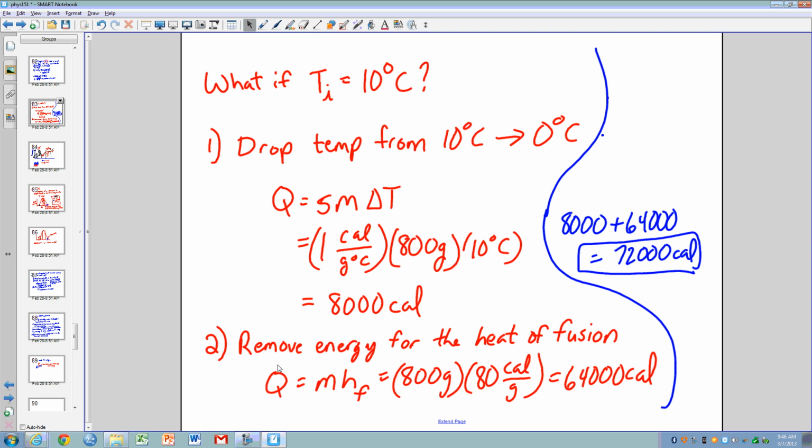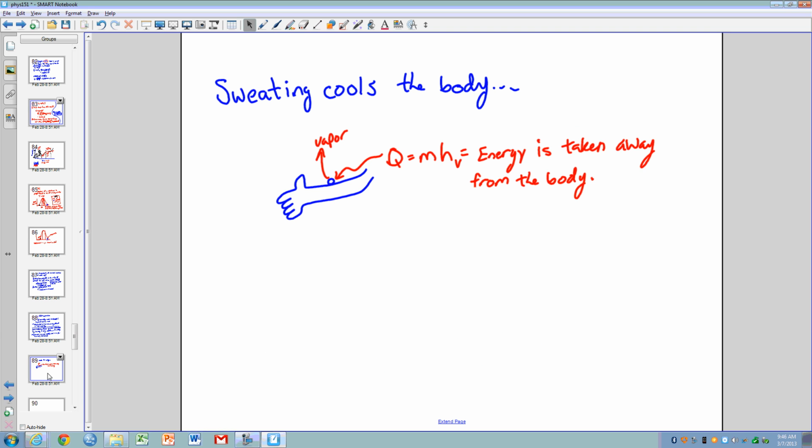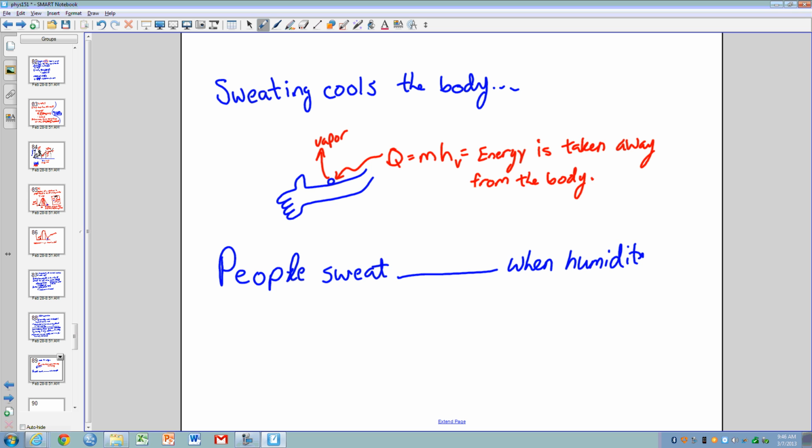So we often find that people sweat more or less when the humidity is high, or they appear to sweat more or less.